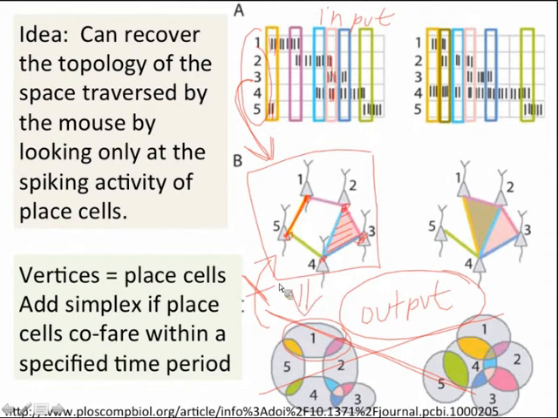So the question is, how can the brain determine the topology of the space traversed by the mouse by only looking at the spiking activity? And so that was one of the main contributions of this paper, that they didn't use the output information to gain the information. They just used what the brain has, and that is the spike train data.